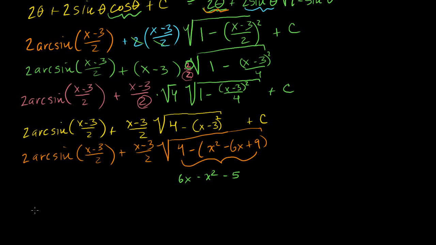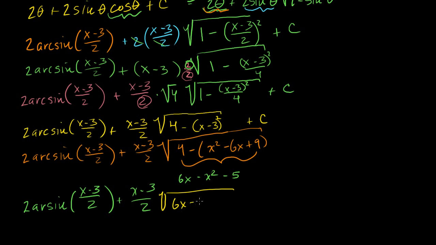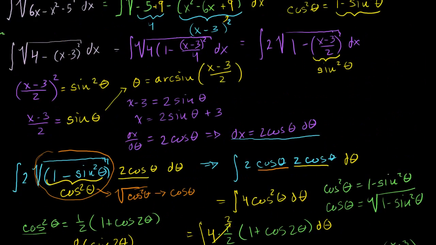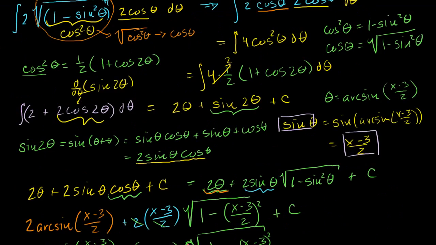So finally, we're at the very end. We get the antiderivative is 2 arcsine of (x - 3)/2 plus (x - 3)/2 times the radical of 6x minus x squared minus 5. That right there is the antiderivative of what we had at the very top of my little chalkboard, which is right there.